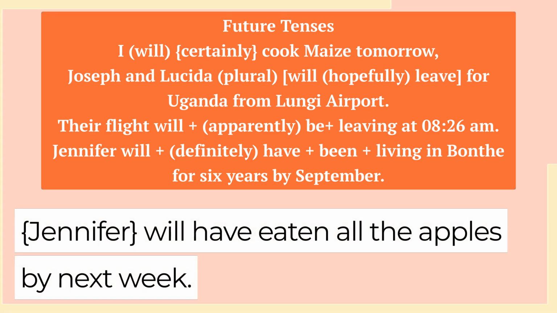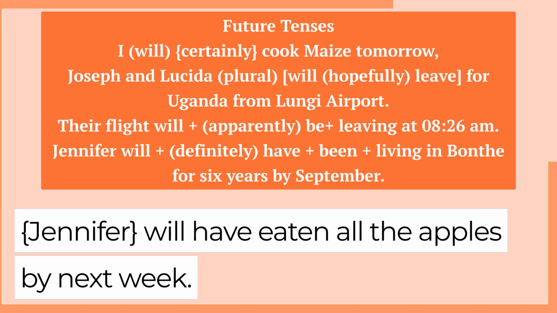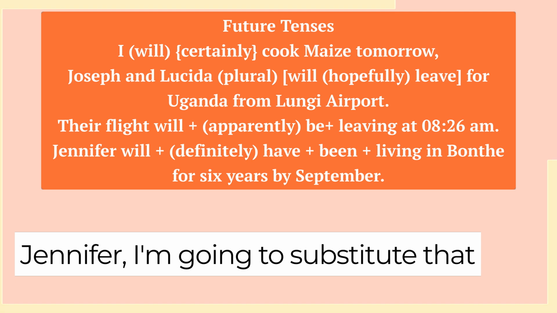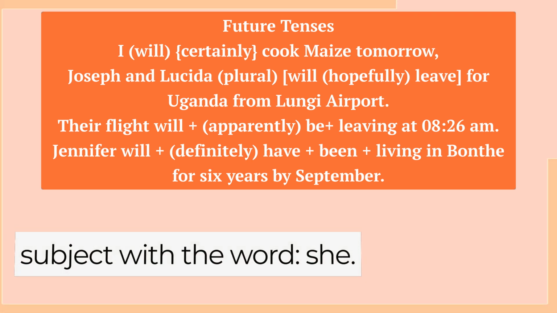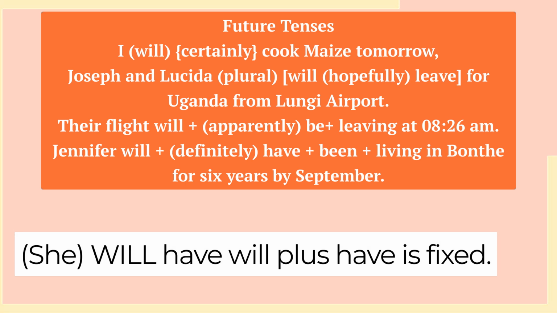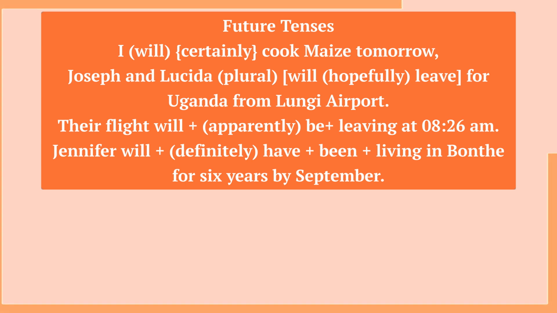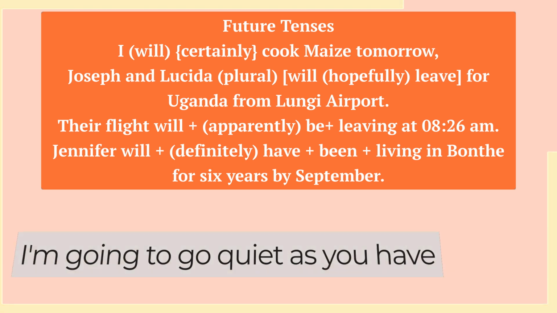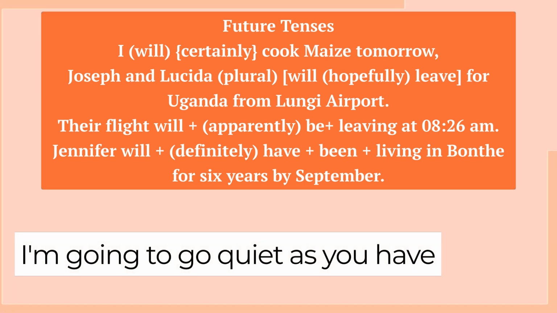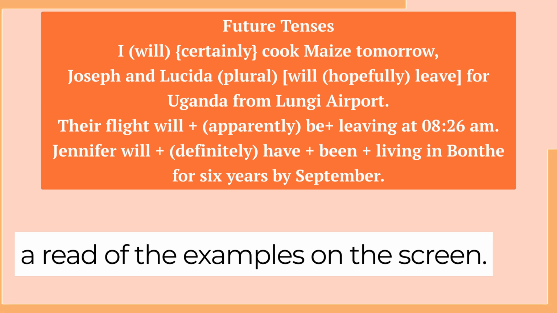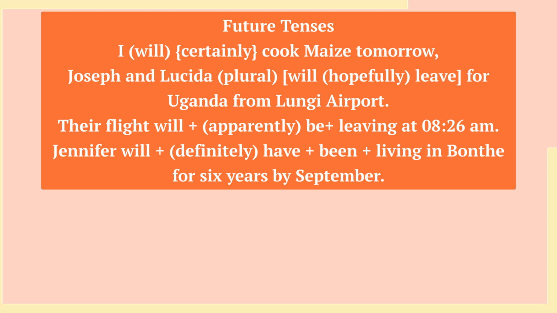Jennifer will have eaten all the apples by next week. Jennifer, I'm going to substitute that subject with the word she. She will have. Will plus have is fixed. I'm going to go quiet as you have a read of the examples on the screen.